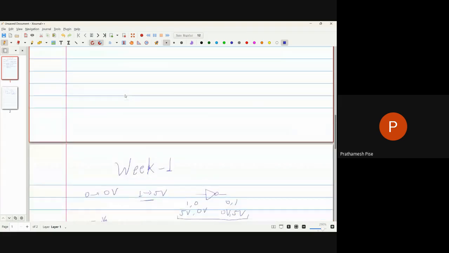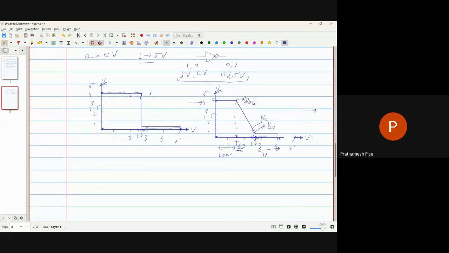These values can change, but because this VTC is of an inverter, this will stay constant. The shape of the graph will always be a Z. And an important thing is that the first region here has some logic output related to it, also the third region, but the middle region does not have any logical output related to it.